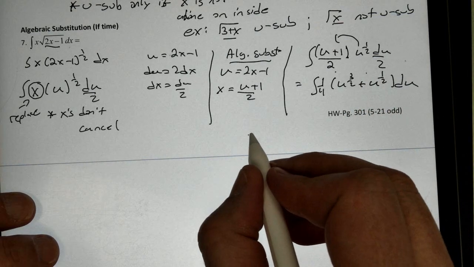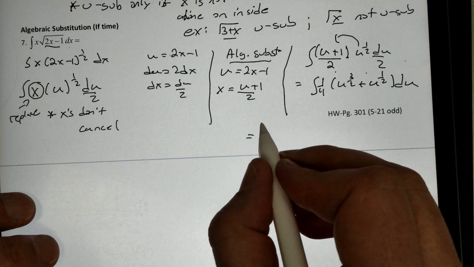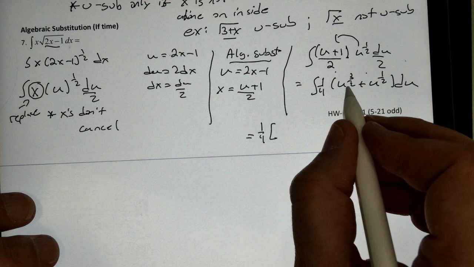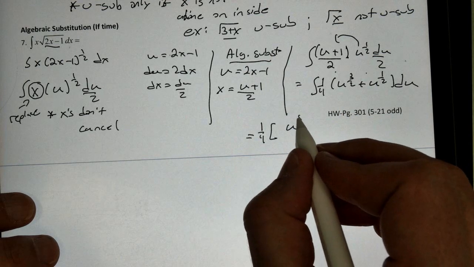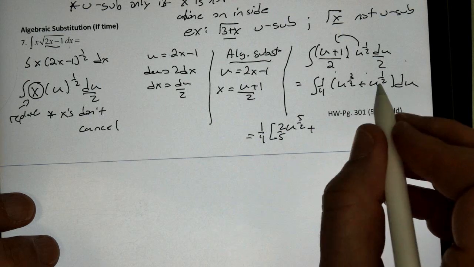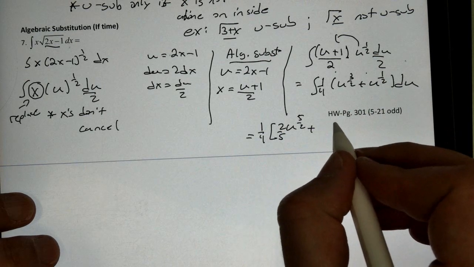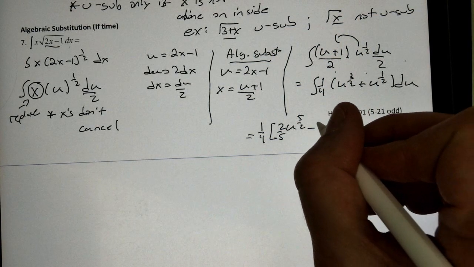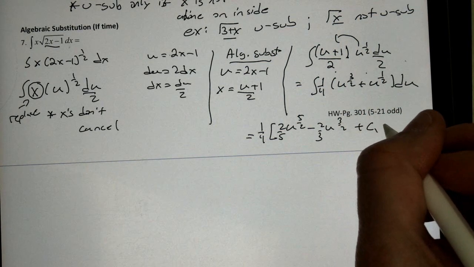And now to get my final answer, if I were to integrate that, we would get 1/4. This becomes, now we're going to use our power rule, u to the 5/2 times 2/5 plus, add 1 here, u to the 3/2 times 2/3 plus c1.